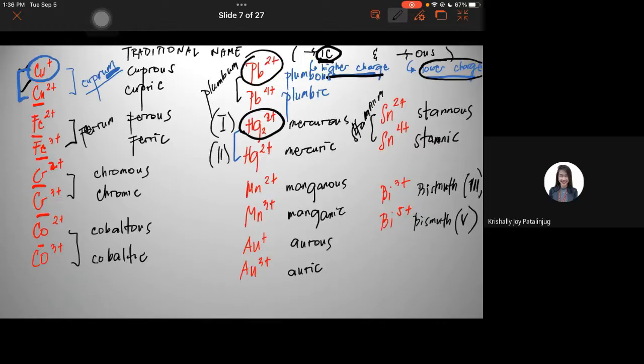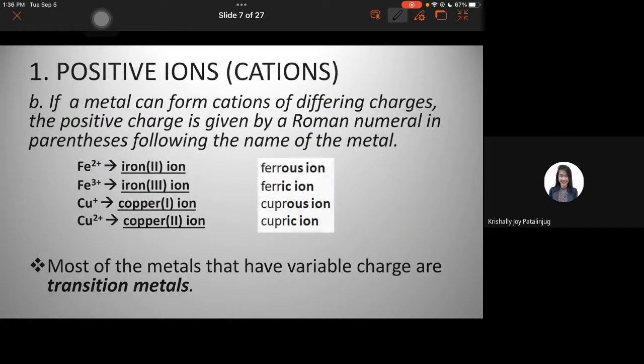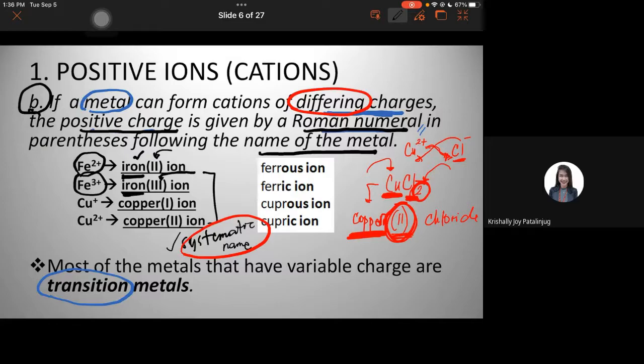Or if you think it is more convenient, the traditional name, then you can also use this. I have to share the traditional name because there will be, I believe, questions later on in your laboratory exam or even in your lecture exam.